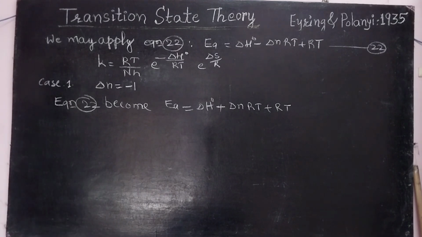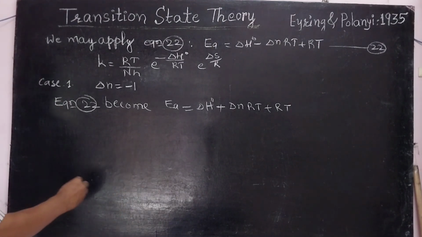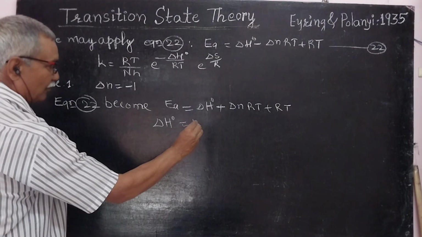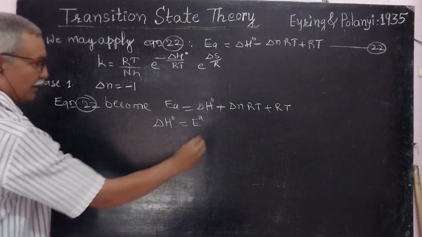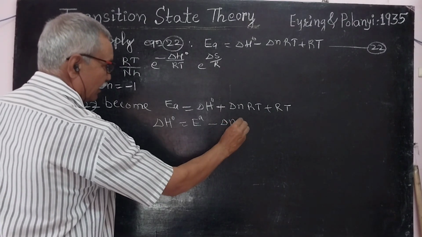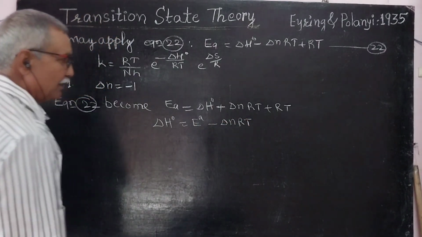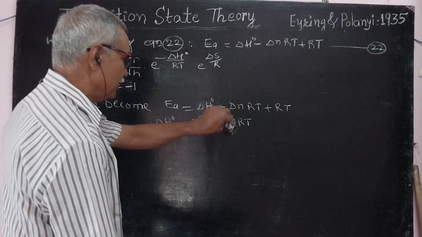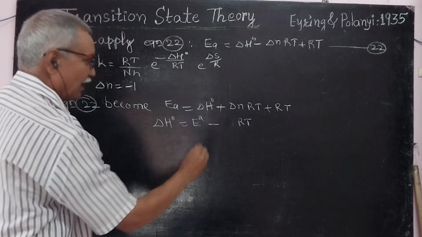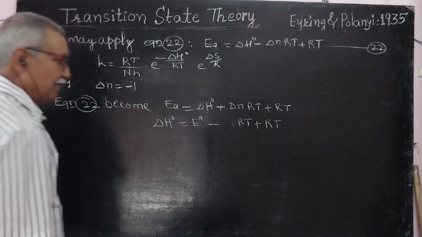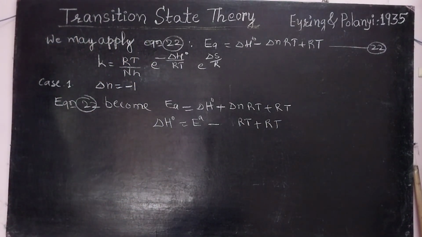Then we may rearrange this: delta H star equal to EA plus delta N RT, that is equal to minus 1 RT plus 1 RT, so minus 1 and plus 1 become equal to 0.